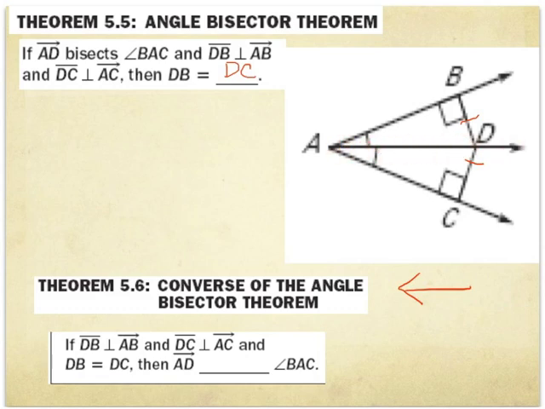So in our picture here, DB is perpendicular to AB, and DC is perpendicular to AC, where DB is equal to DC. Then AD bisects angle BAC.